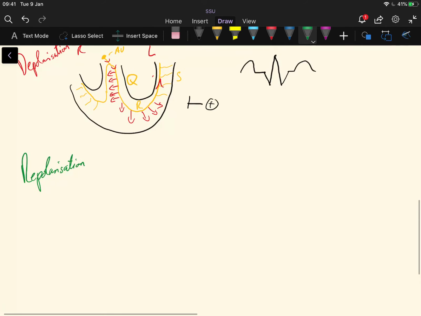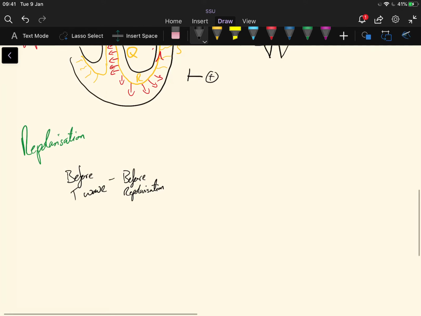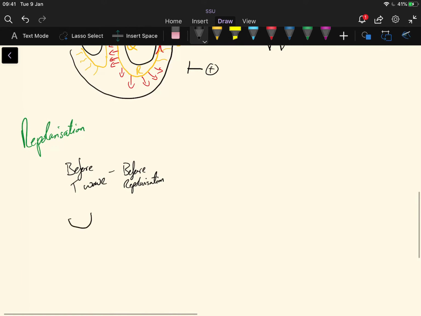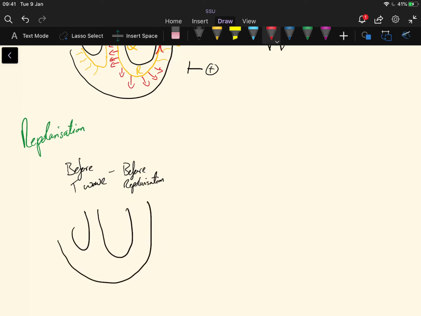So to illustrate that, if we draw the ventricle before the T wave, i.e. before repolarization, we have a ventricle. That's awful. A ventricle like this that is depolarized.